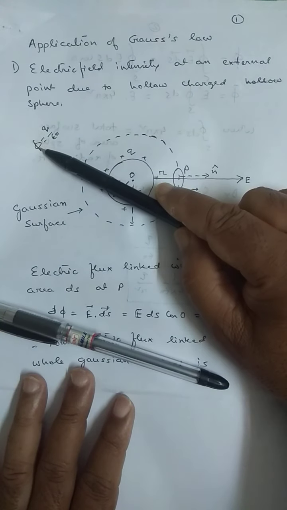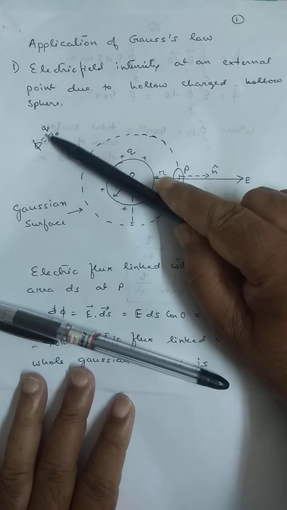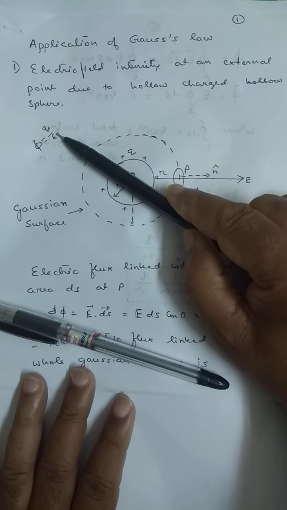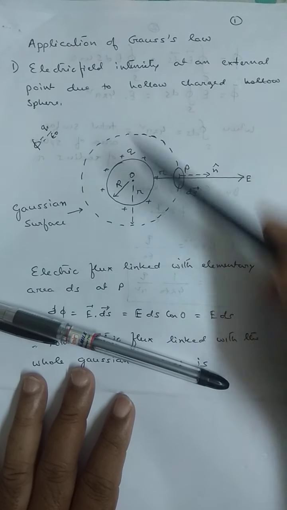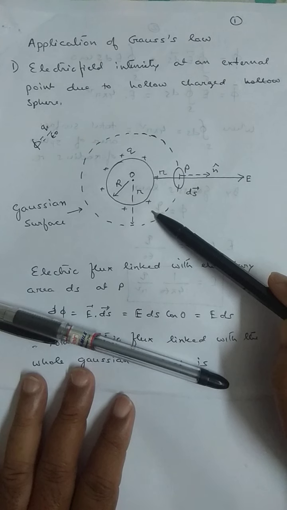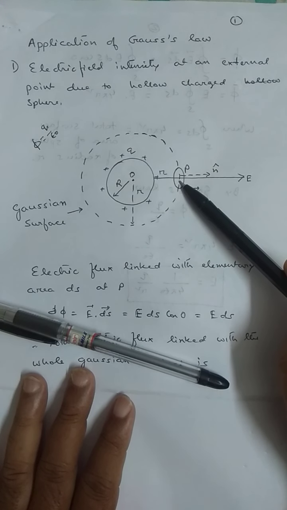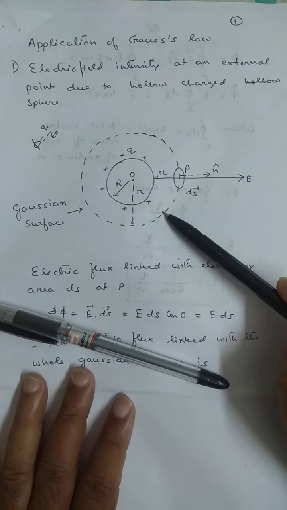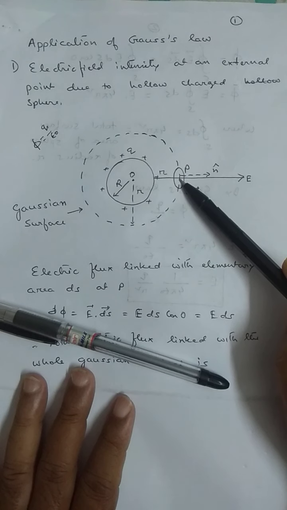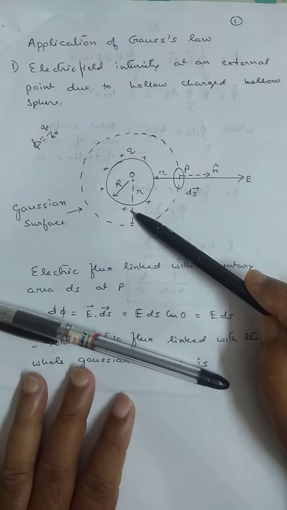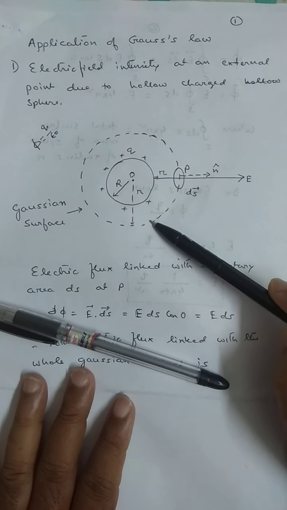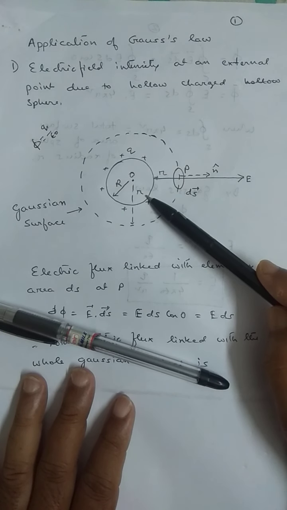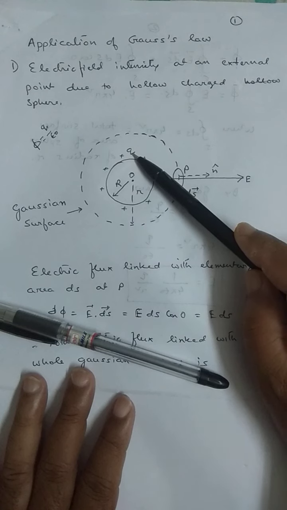Therefore, to apply Gauss's law in this particular situation, we consider a spherical surface through the point P of radius r. This imaginary spherical surface encloses the charge distribution Q.